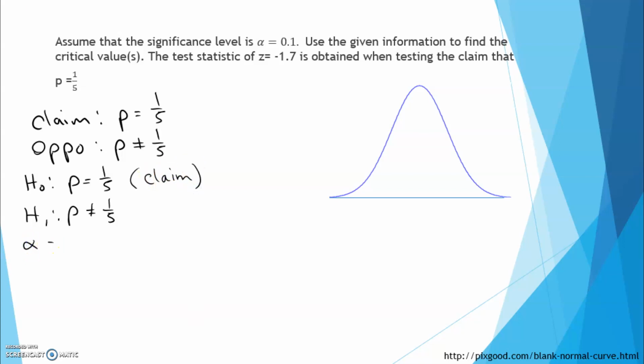Okay, state alpha. Well, alpha is 0.1. Calculate the test statistic. Well, they gave that to us. That is negative 1.7. We're finding critical values, so this is going to be the traditional method.